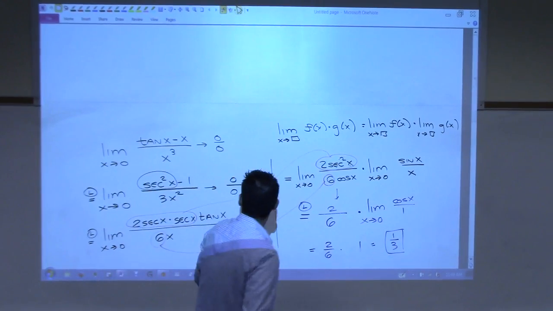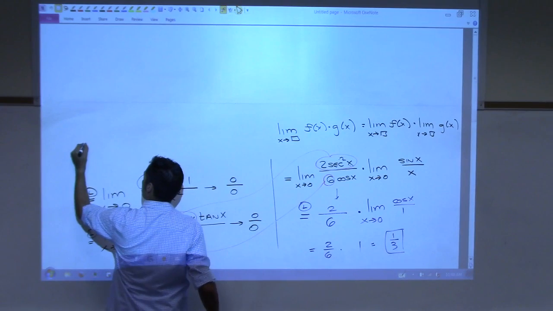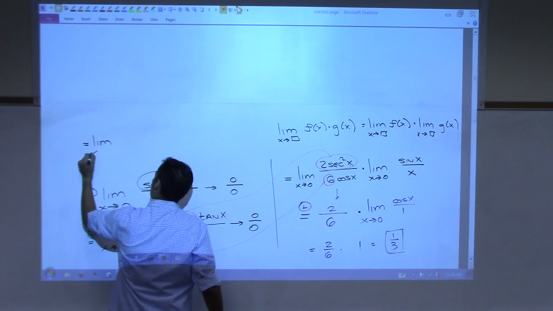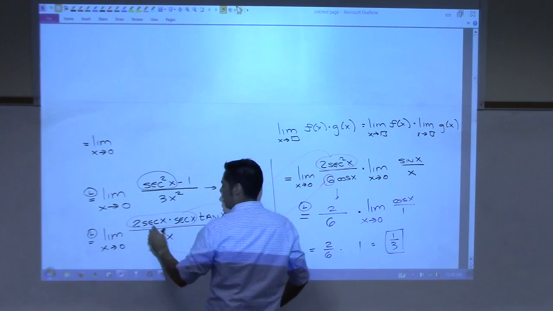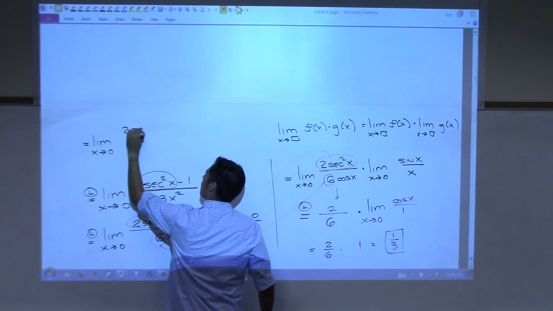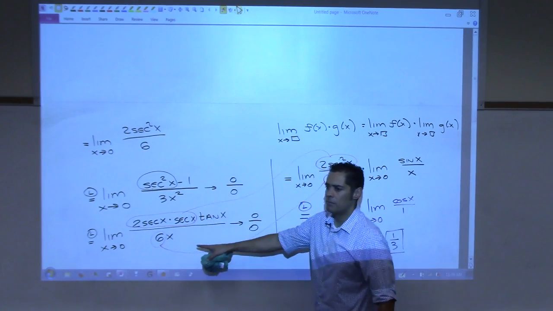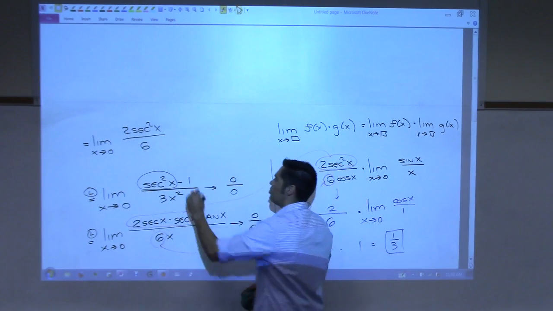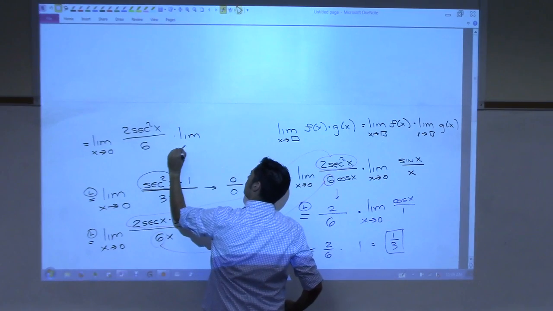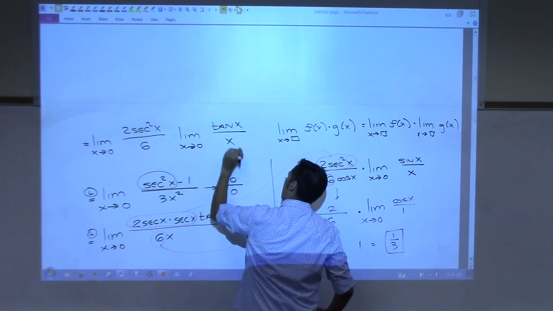I could have, right? Another way someone could have split this up, they could have said that this is equal to the limit as x approaches 0. Could have just done the 2 secant squared over the sixth. Could have just done that. And then pulled the tangent x over x like that.